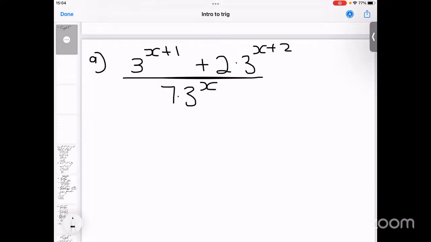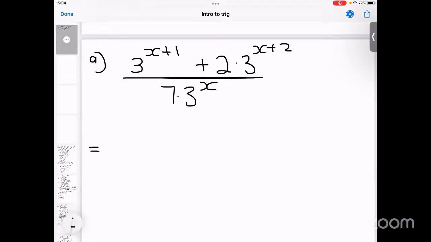You are still dealing with the exponents, but involving factorization. So the moment you have a sign of a plus or a minus there, it could be there or at the bottom, you just need to remember that you might need to factorize.